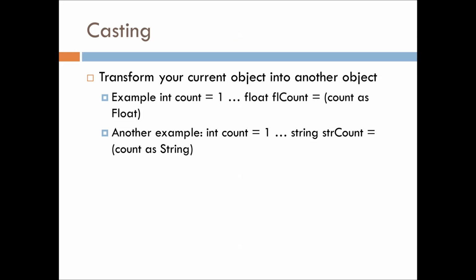So we are assigning a new variable, float count equals, parentheses, count as float, meaning the integer is being turned into a float object. Yes, the primary types can be objects, but we'll go over that in more detail later as well. Another example I have here is count equals 1 again, and then you're making a string version of it, so you cast count as a string.